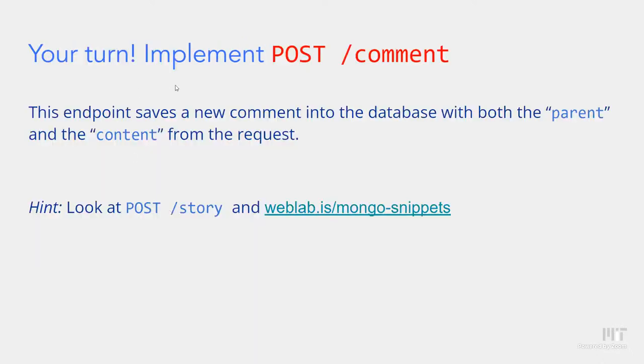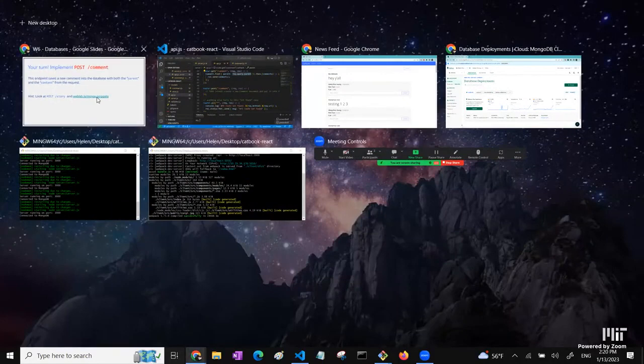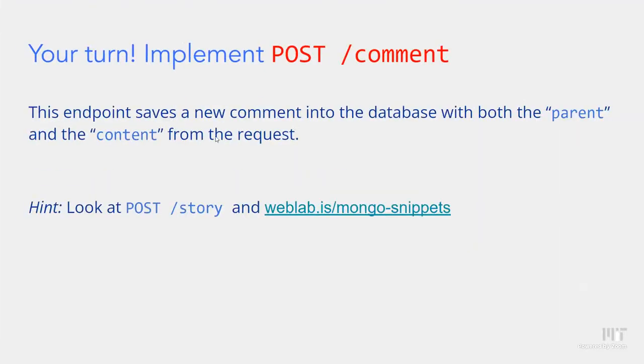Now let's look at and implement the post comment endpoint. Essentially what we have to do in this endpoint is save a new comment in the database with both the parent and the content from the request.